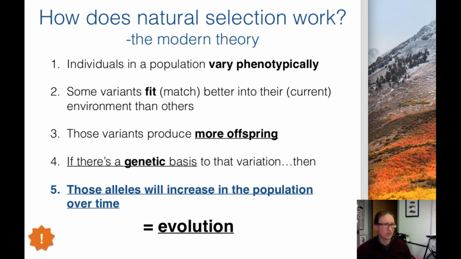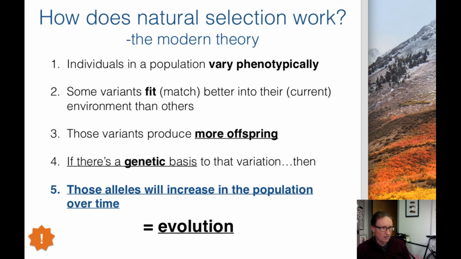So if we're thinking about natural selection, we're going to think about individuals in a population. And we can relate this to something like the squirrel population on campus. If you look at the squirrel population on campus, the individuals are going to vary phenotypically. One way they might vary might be in how shy they are. So maybe some squirrels are more bold, some squirrels are not so bold.